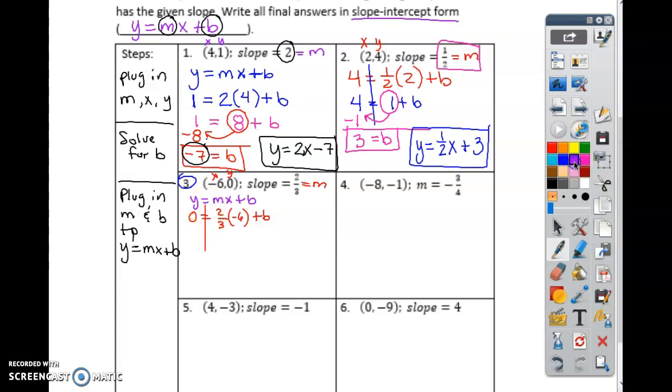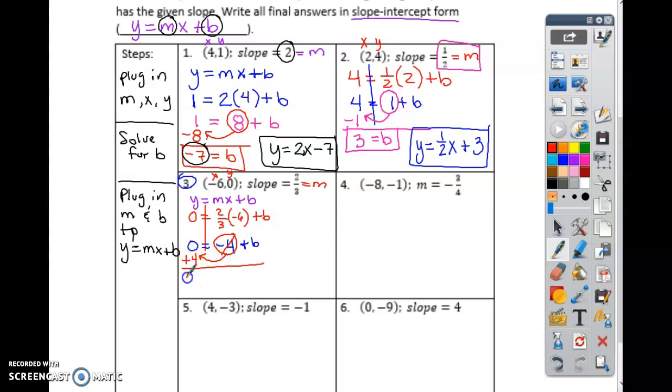When you multiply 2/3 times -6, what did you get? -4. Bring down plus b equals 0. And then to solve for b, you just move this over, change the sign, so you're adding 4 to the other side.